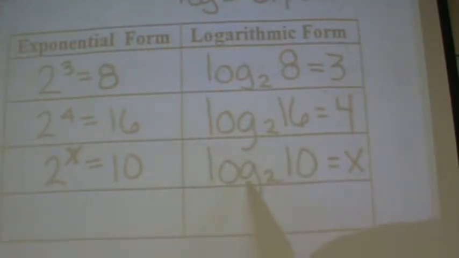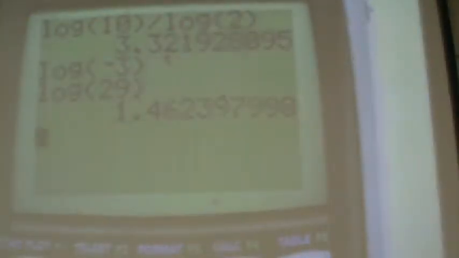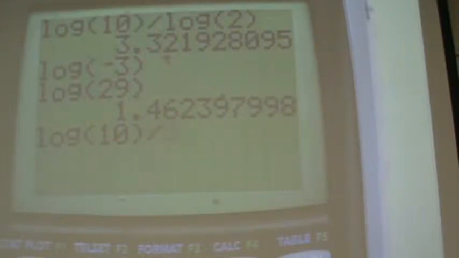Do you remember how to do this on your calculator? The old way, here's the old calculator. You did the log of 10 divided by the log of 2. Do you remember this? You should. And the answer to that question is 3.32.